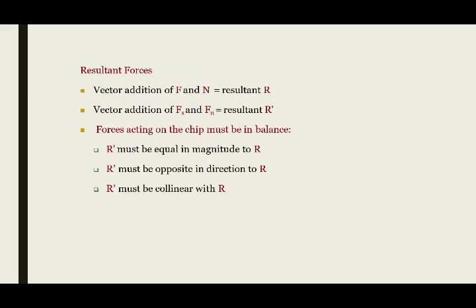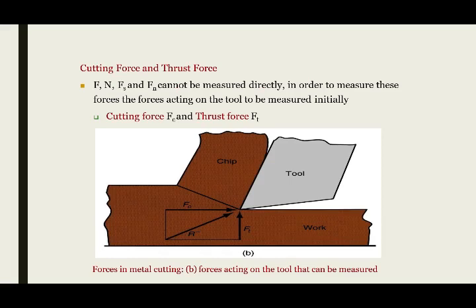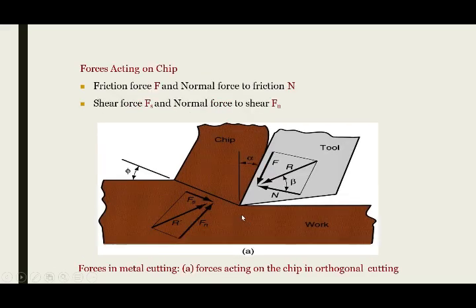From this figure we know that Fc is the cutting force, Ft is the thrust force. Fs is the shear force, Fn is the normal to shear force, F is the frictional force and N is the normal to friction. Alpha is the rake angle, beta is the friction angle.